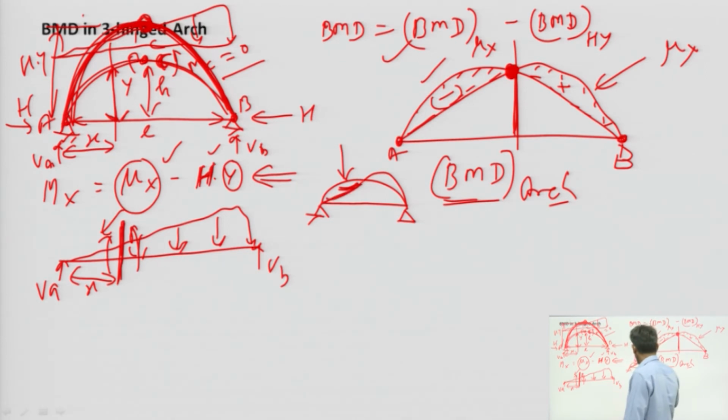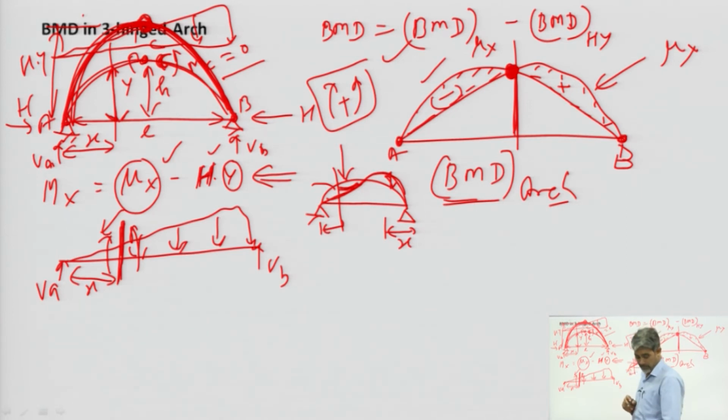Major deflection will be here, sagging will be here, and hogging here. At the point of sagging, if we take this moment as positive, then for hogging it will be negative. It means at certain points from the supports it will have positive and negative values also.